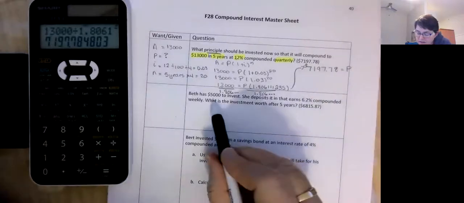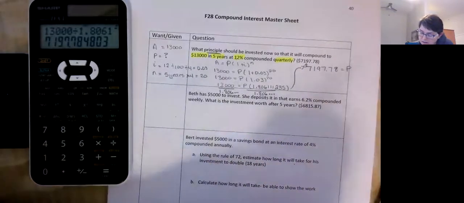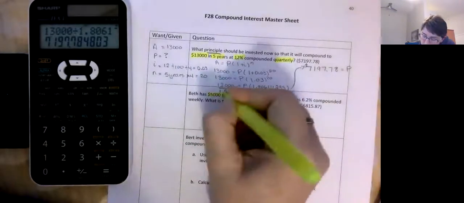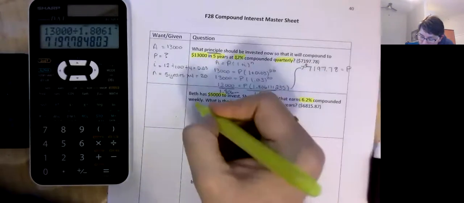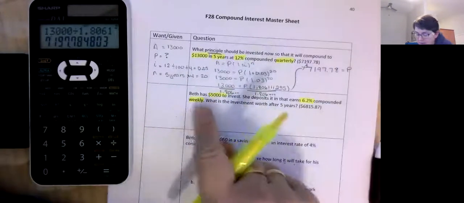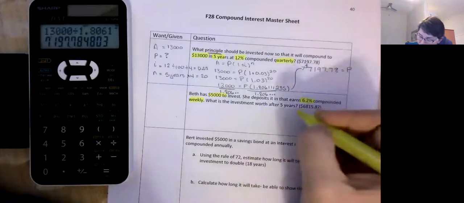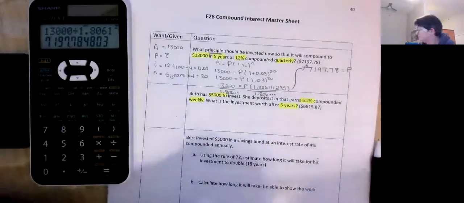Beth has $5,000 to invest. She deposits and gets 6.2% compounded weekly. Okay, so watch that, compounding weekly. What is the investment after 5 years?